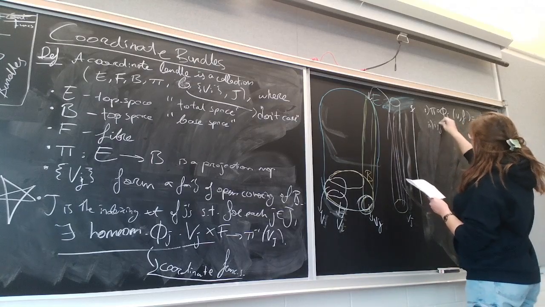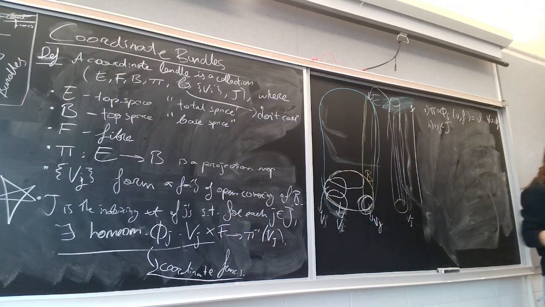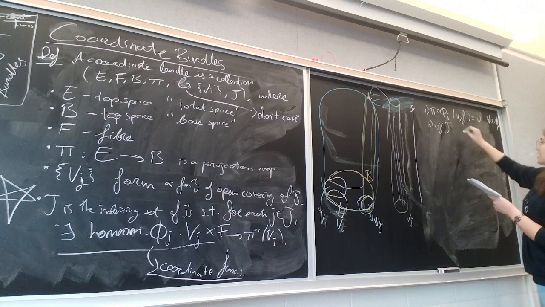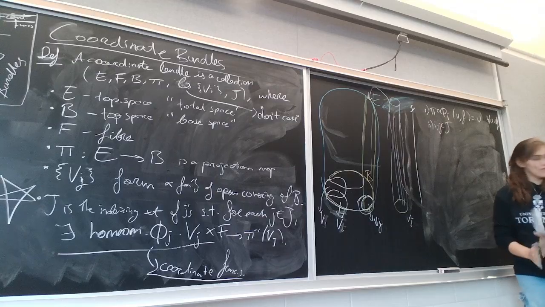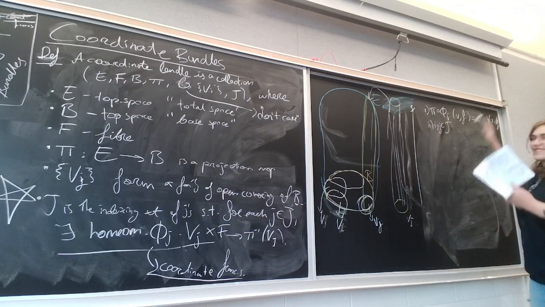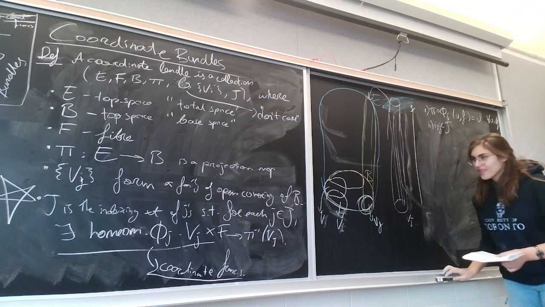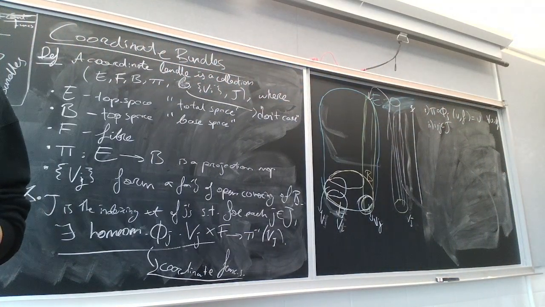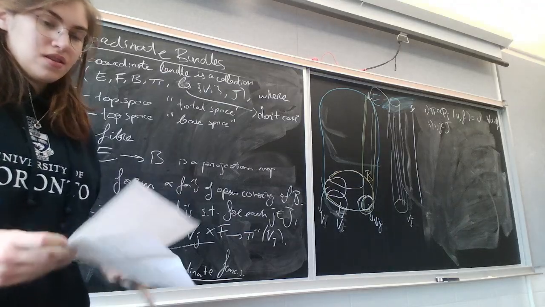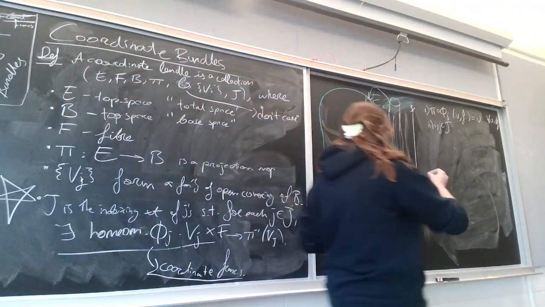If you have i, j in your index set, so you chose two charts here on the base space, and okay, this is also about groups, so let me not discuss this. Sorry for the confusion. Anyway, this is the point of coordinate bundles. Now, observation.